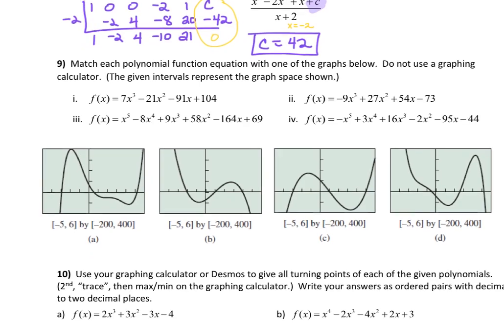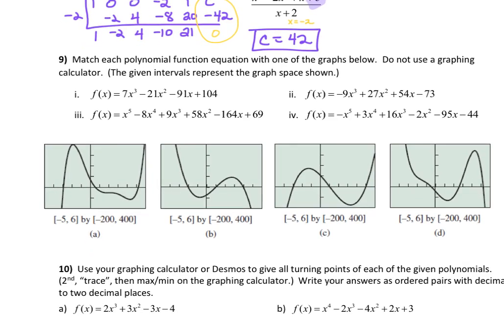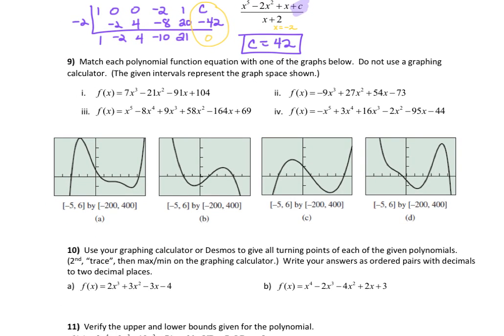Now, for number 9, I would say try to do this. I'm not going to put a problem like this on the test, obviously, where it's matching and I give you equations and graphs and have you match them, because you could just type them into your calculator. You would want to type them into your calculator to compare the graphs. But I want you to test yourself and see if you can figure out, based on what you know about end behaviors, which of these graphs matches which function equation.